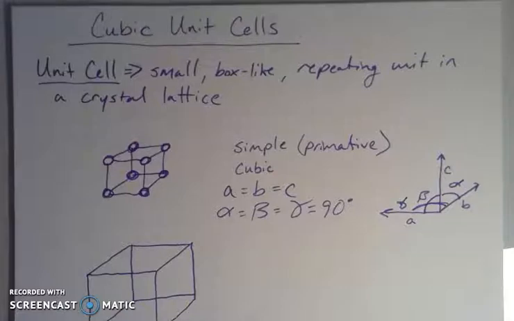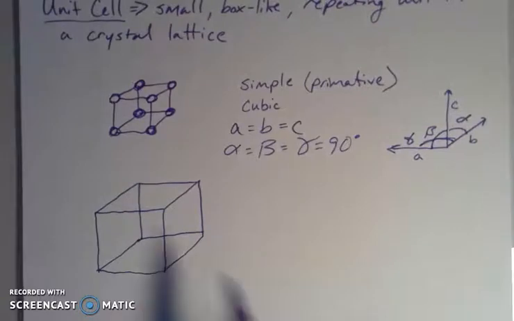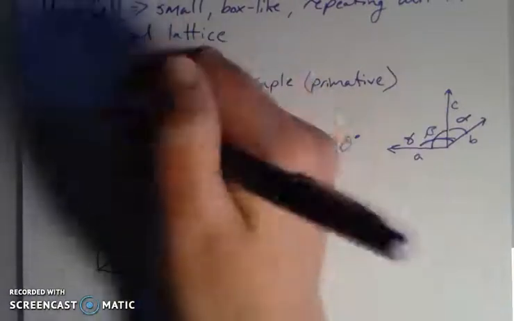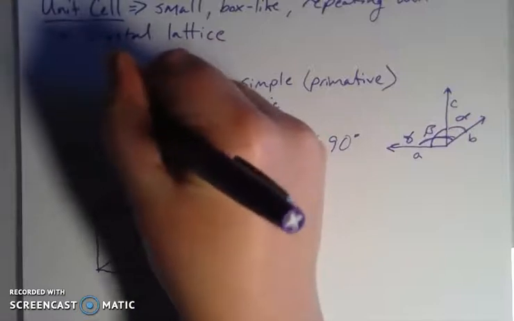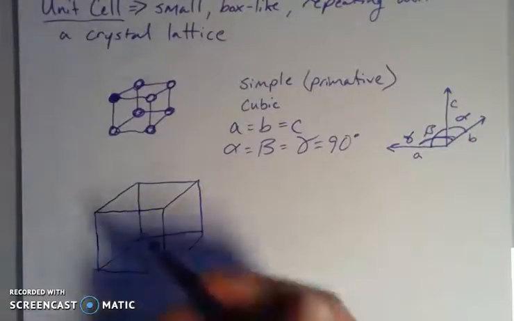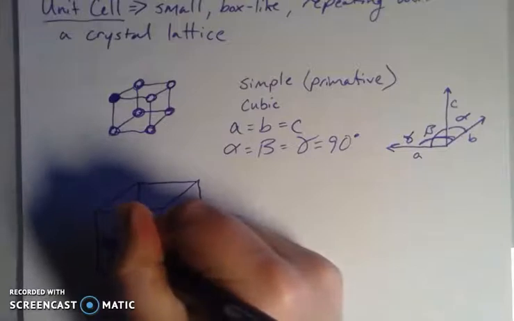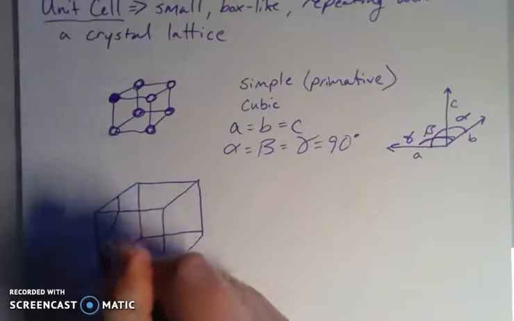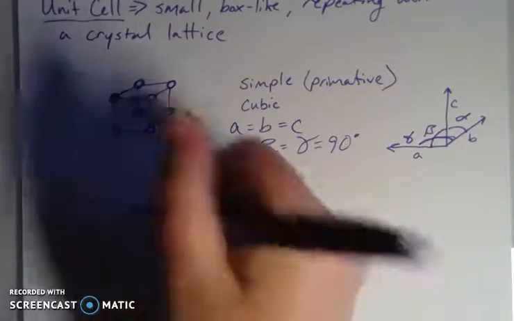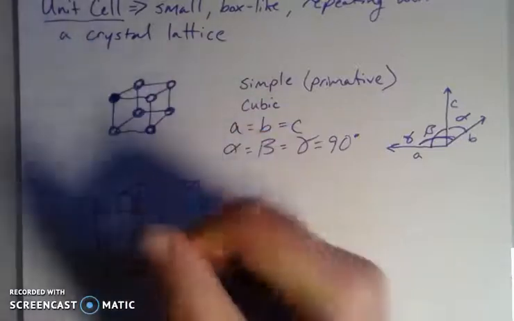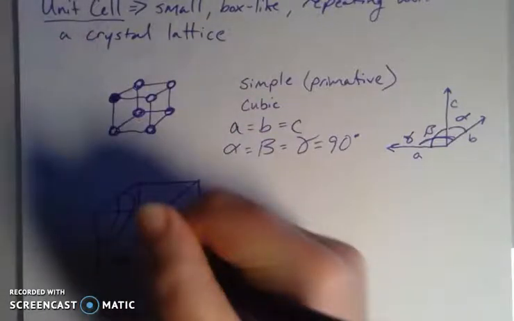These ions take up space because of the electron cloud they're in. So if we're actually visualizing this atom, or this ion, on the corner, then realistically it's going to be taking up some space. If I fill this in, it's not that it's a ball on the corner.